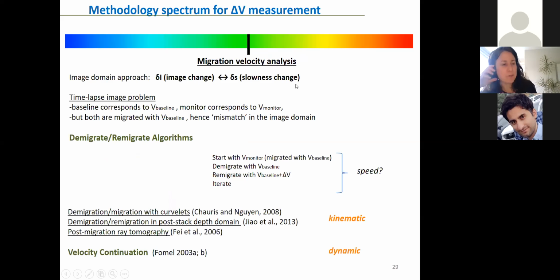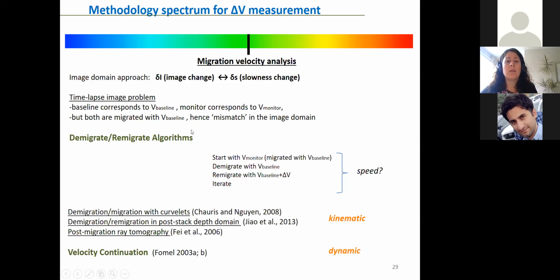Okay, so this is traditionally the first step in any type of migration, this MVA, migration velocity analysis. And really, in this approach, you're exploiting the difference of image change in relation to slowness change.